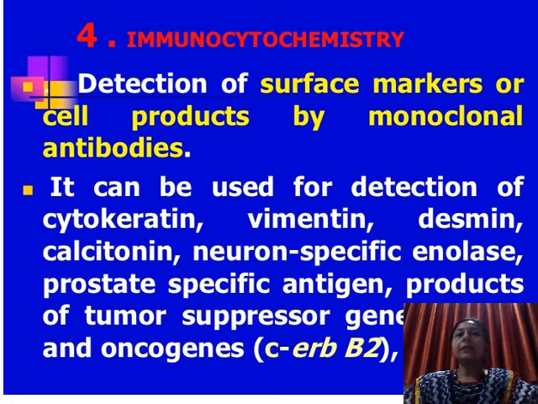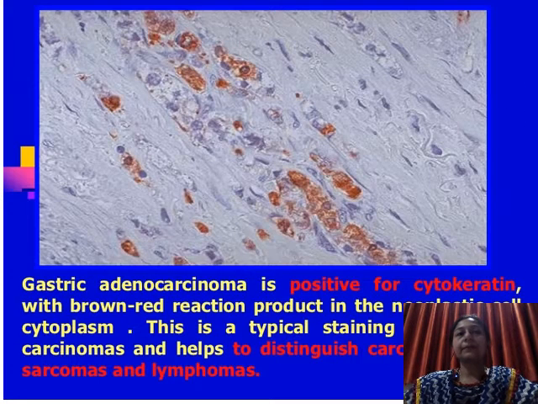The special examination we can do is immunohistochemistry, detection of surface markers or cell products by monoclonal antibody. It can be used for the detection of cytokeratin, vimentin, desmin, calcitonin. These are all tumor markers detected by immunohistochemistry or immunocytochemistry, through which we can make out the exact origin of the cancer.